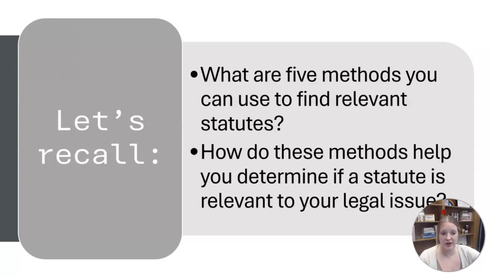But those are the 5 methods, okay? So citation, popular name table, index, table of contents, and then advanced searching. We talked about all of those things last time.